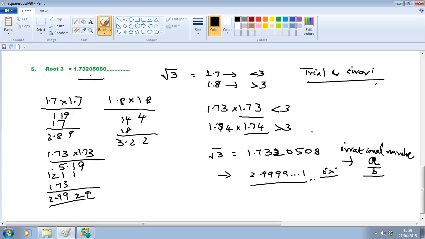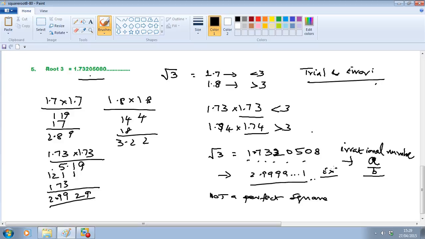It won't be a perfect square. So we will try to find the nearest decimal. Normally we'll take the first two digits only, maximum three digits in some cases.